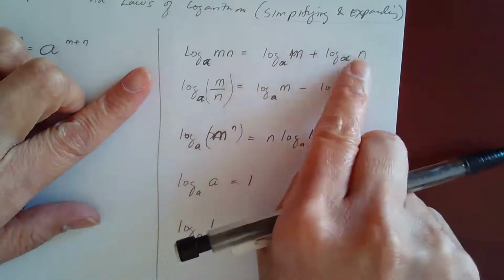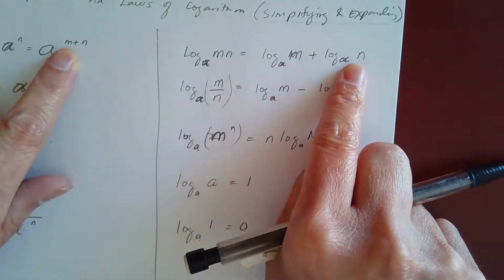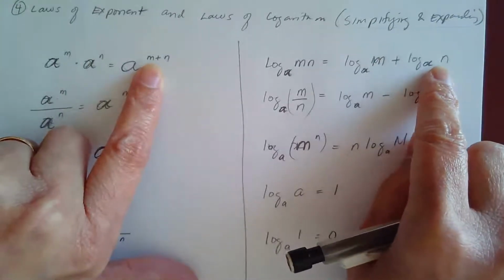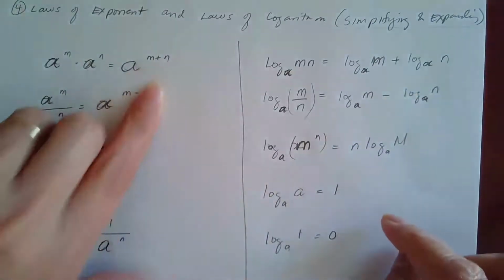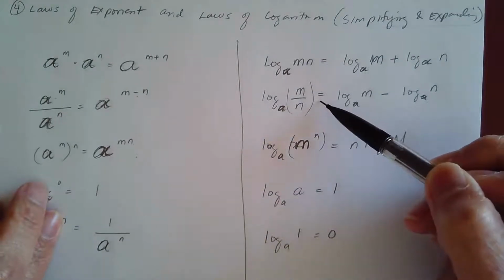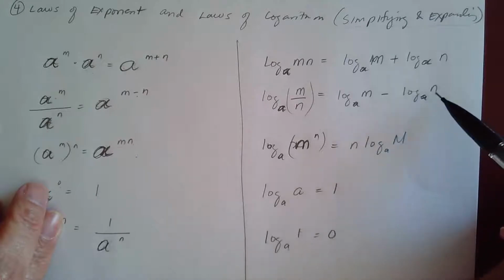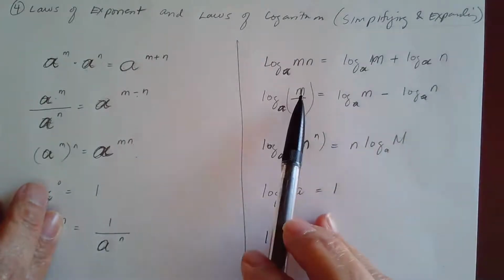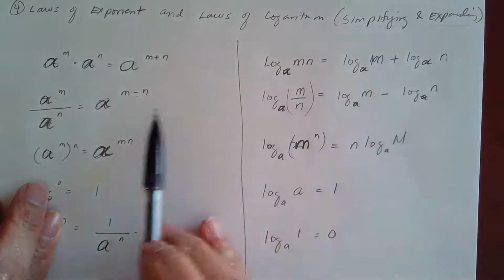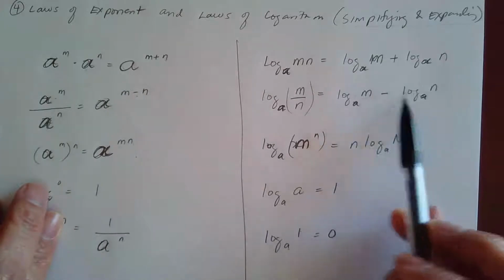Can you see here? Exponents are being added. I just want to show that parallel to you. Logarithm of m divided by n is equal to the logarithm of m minus logarithm of n. So when you're dividing, we are subtracting the exponents, as you can see here.